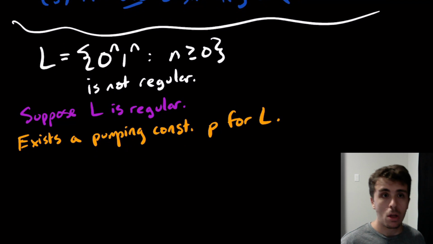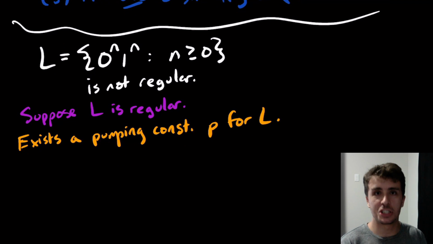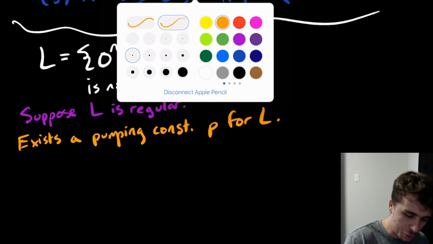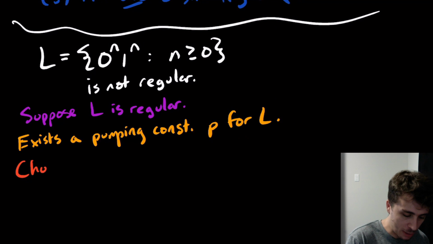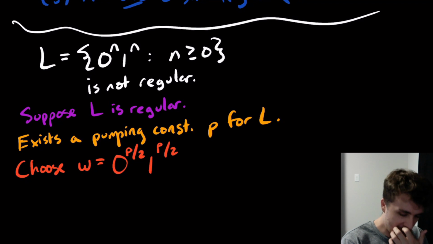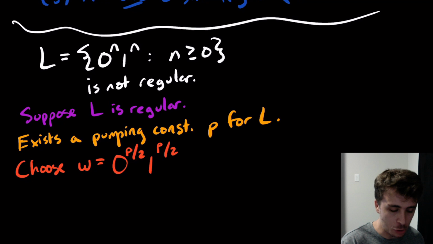So now what we need to do is to pick some string in the language having length at least p. A lot of students try to pick a string like this: choose w to be 0^(p/2) 1^(p/2), meaning I have a string with p/2 zeros and p/2 ones.